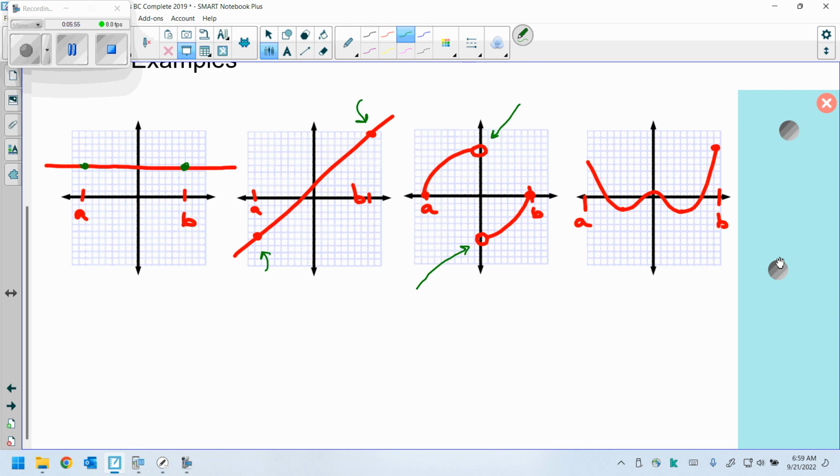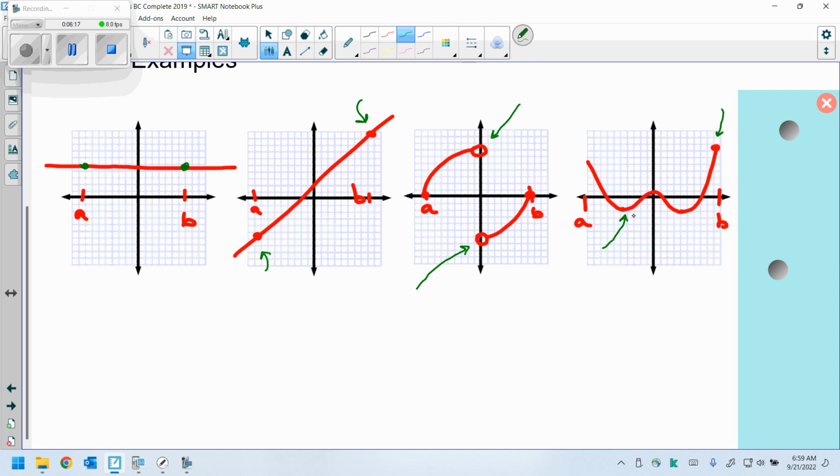And we got this situation. Let's see, we are continuous from A to B. So we got to have an absolute max, got to have an absolute min. Looks like the absolute max happens at an endpoint. And the absolute minimum value appears to occur maybe a couple of times.